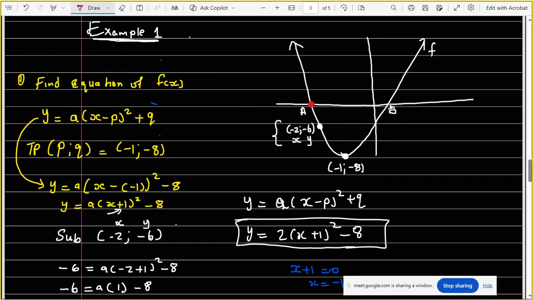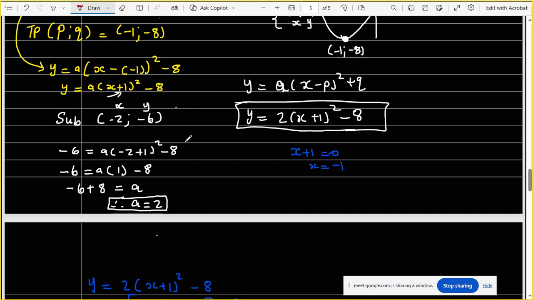This is your A, this is your B. What are the coordinates of A and B? What do we call these coordinates? We call them our x-intercept. That's where the graph cuts the x-axis. Remember, this is your x, this is your y, right? This is where the graph cuts the x-axis.